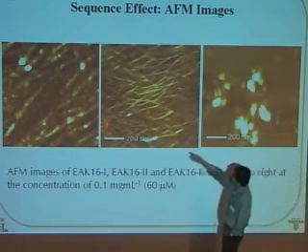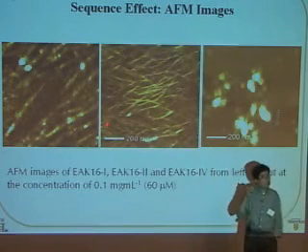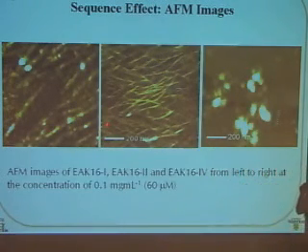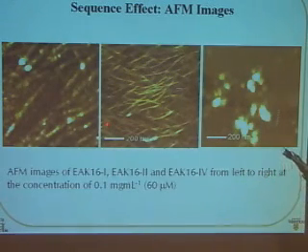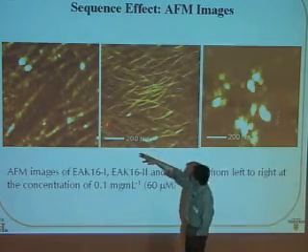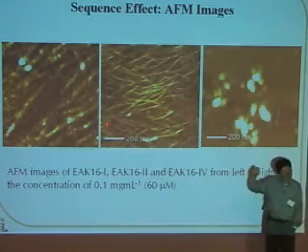Here we have the so-called sequence dependence, because for a lot of protein misfolding diseases, the secret is probably buried in the sequence of your peptide. What I'm showing you is that if we change the sequence a little bit, very minutely, you see drastically different nanostructures.